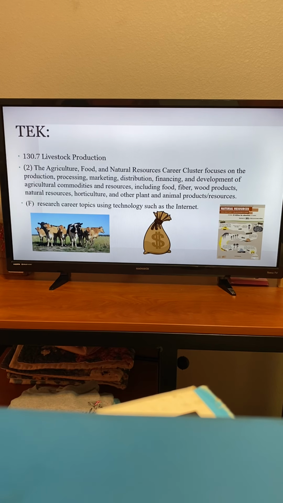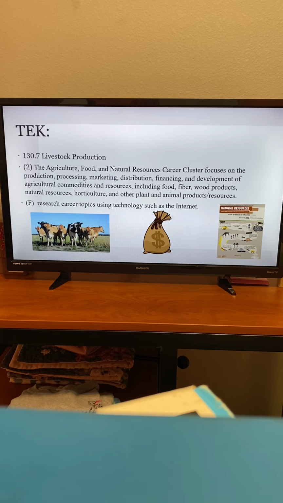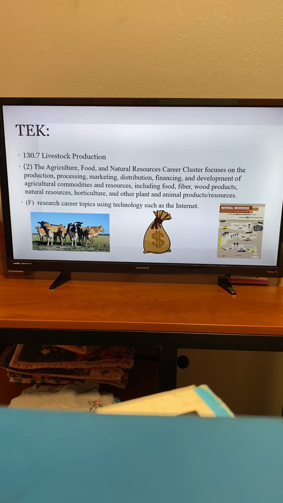And then the students will research career topics using technologies such as the internet. So the students will basically be implementing a research topic about livestock production.